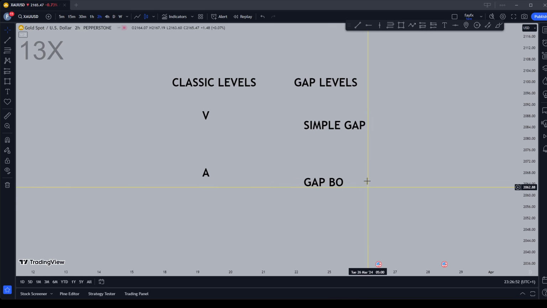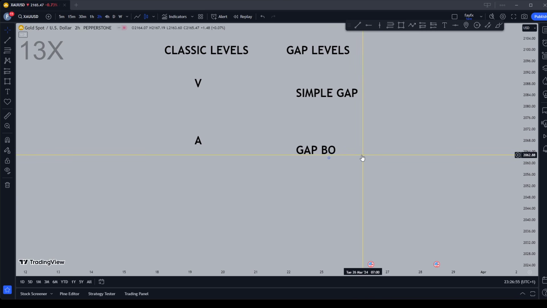The second concept is a CC, or confirmation candle. A confirmation candle is after creation of any given level, V level, A level or a gap level, price did come to it, touch it and continue its direction. Remember, for a V level, a confirmation candle should be bullish.